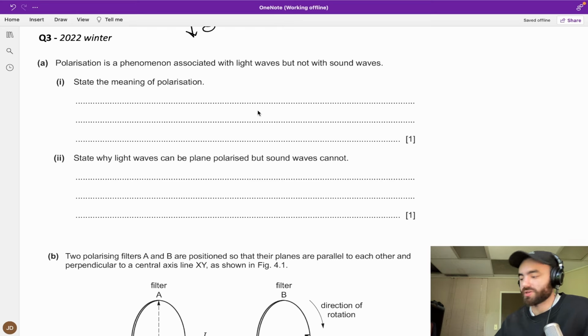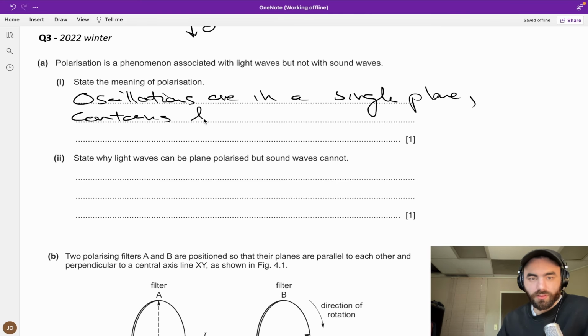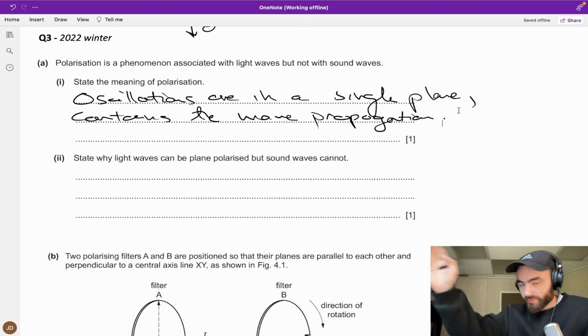So the meaning of polarization is simply that oscillations are in a single plane, along this plane, which also contains the wave propagation. It's also in the direction the wave is moving.